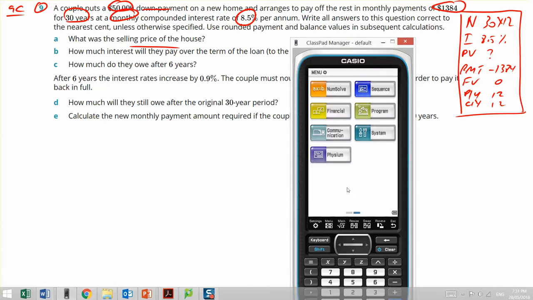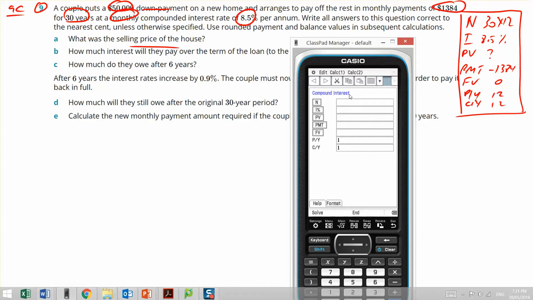So I'm going to go on main, financial. I know my term is 30 times 12, because that's how many months we need. 8.5%. Principal value, we don't know. Payment, we go at 1384. My final value is 0, 12, 12, and I'm solving for the principal value.